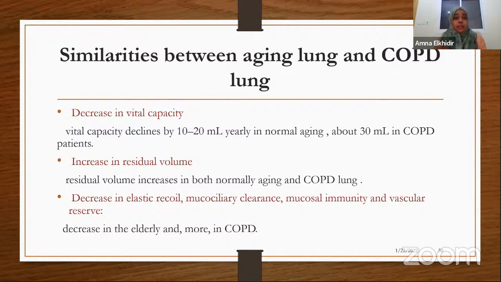This results in not completely exhaling all the air in the lungs, so there is an increase in residual volume. But in COPD, there is a greater increase in residual volume, and there is a decrease in elastic recoil, mucociliary clearance, mucosal immunity, and vascular reserve.